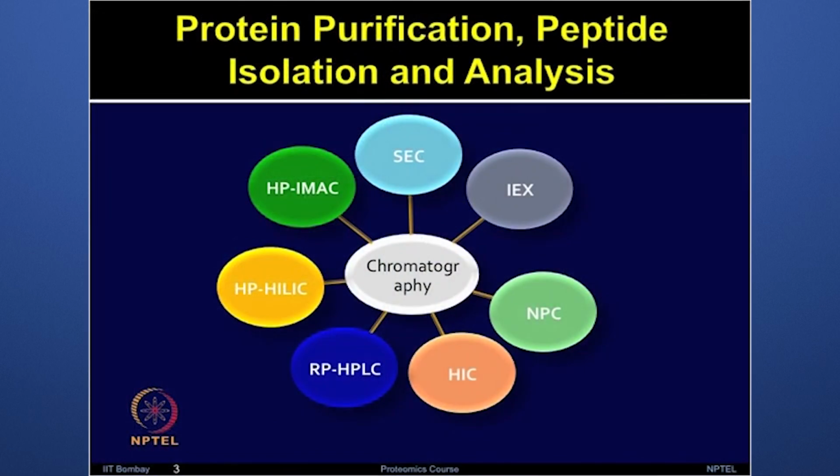Protein purification, peptide isolation and analysis can be performed by many methods, but there are certain chromatography methods which are commonly used, such as size exclusion chromatography (SEC), ion exchange chromatography (IEX), immobilized metal ion chromatography (IMAC), normal phase chromatography (NPC), reverse phase HPLC or RPHPLC, hydrophobic interaction chromatography HIC and hydrophilic interaction chromatography HILIC.